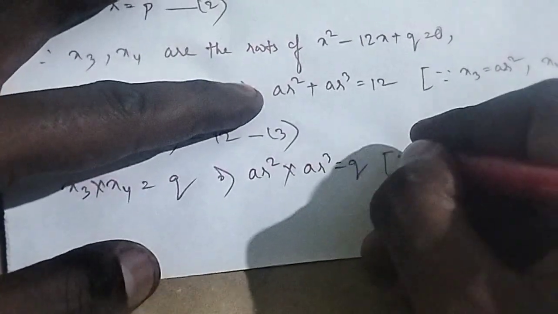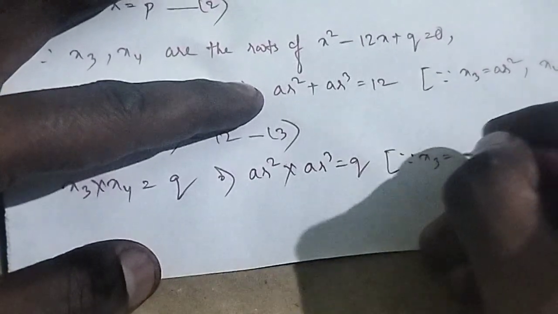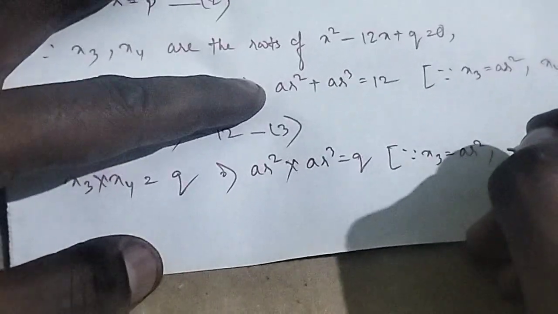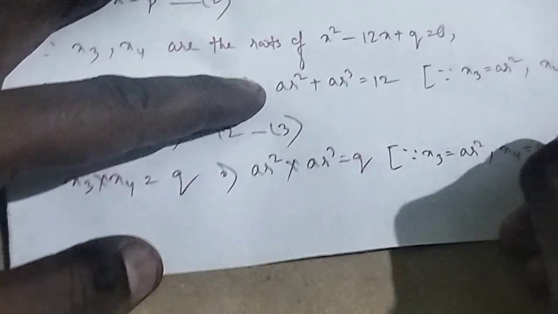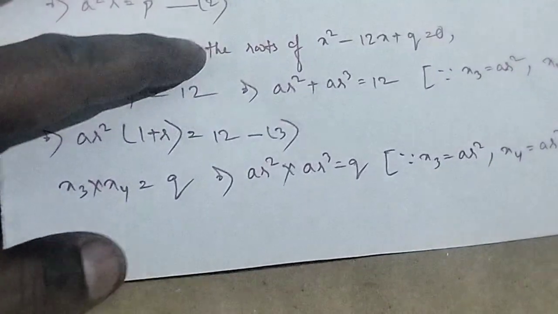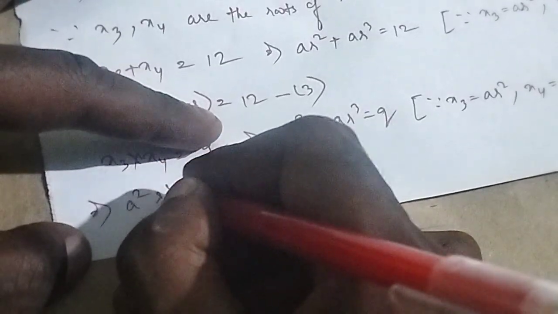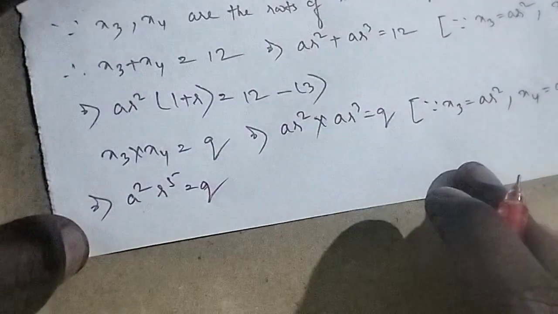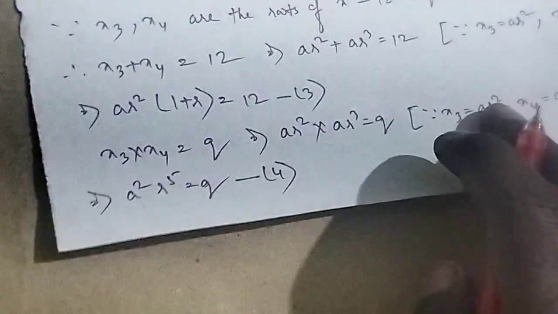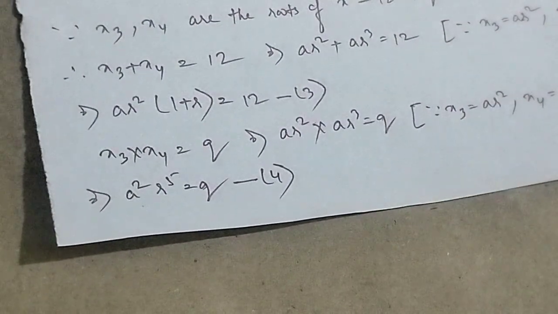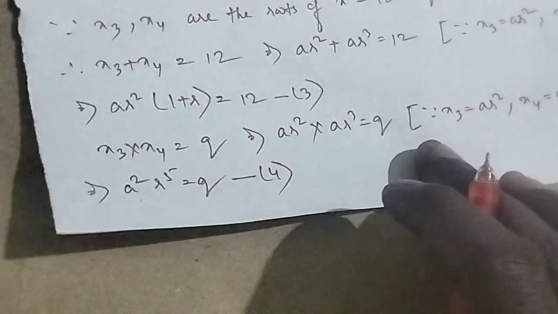From here you can write A square R to the power 5 is equal to q. Name it as 4.